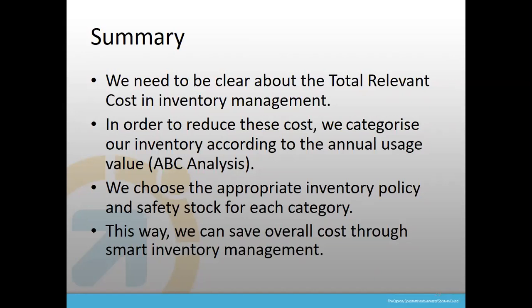Did you see what we did here? Now we look at the cost first for our inventory, and then we separate our inventory into 3 categories. And then we see, okay, for some items, it's worth it to have higher holding cost in order to reduce the shortage cost.